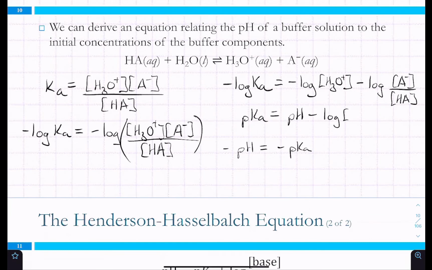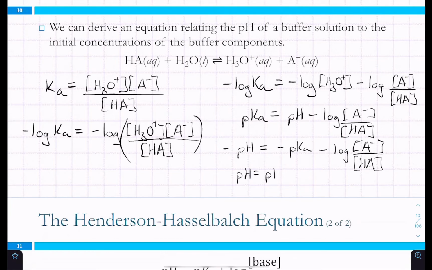So this is the log of A minus over HA, and so this is minus the log of A minus over HA. So I subtracted pH from both sides, subtracted pKa from both sides, because ultimately we want to be able to calculate pH. And then if we just multiply both sides by -1, then we'll get pH equals pKa plus the log of A minus over HA.